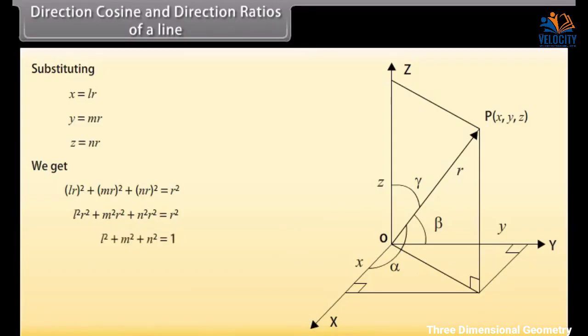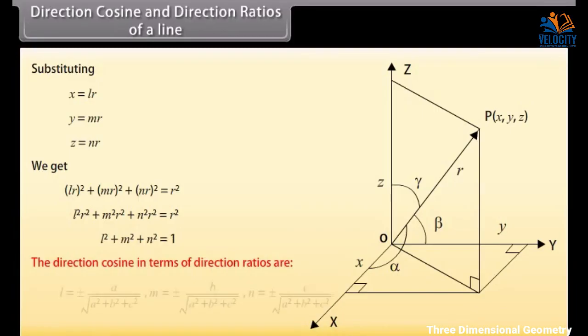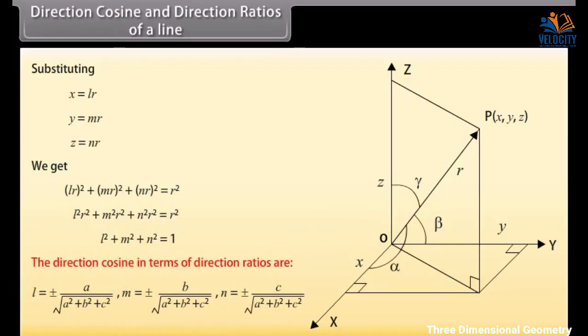L square plus M square plus N square equals 1. The direction cosines in terms of direction ratios are L equals plus minus A upon square root of A square plus B square plus C square, M equals plus minus B upon square root of A square plus B square plus C square, N equals plus minus C upon square root of A square plus B square plus C square.